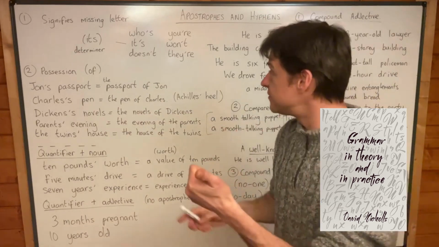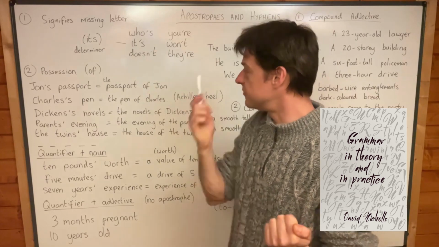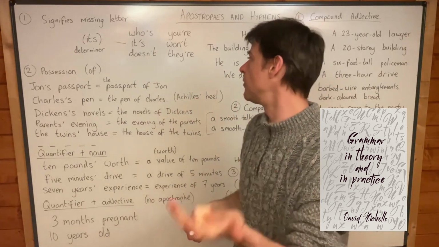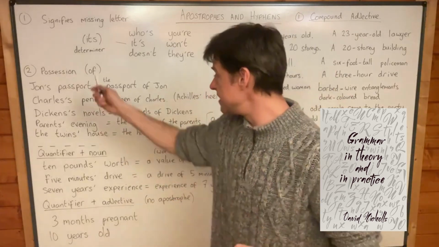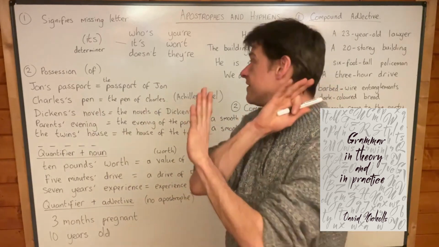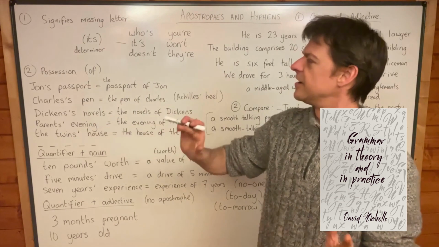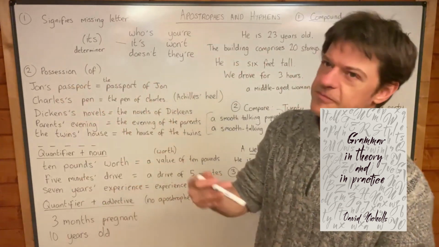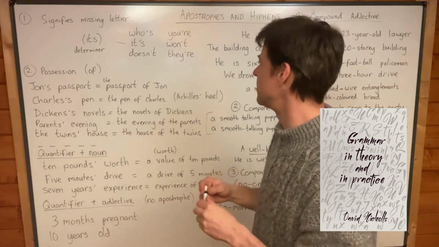No, it doesn't have an apostrophe, but it is and it has does have an apostrophe. The same for the other possessive pronouns like his or her or my or your. They're all determiners. They're all possessive, and none of them have an apostrophe. Okay. So be aware of that, because I find that quite strange that we use apostrophes for possession, but there are no apostrophes in possessive determiners.